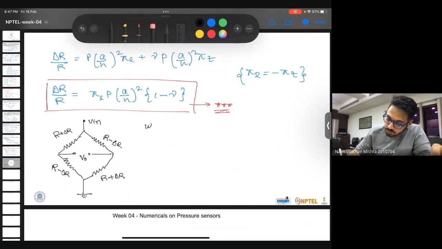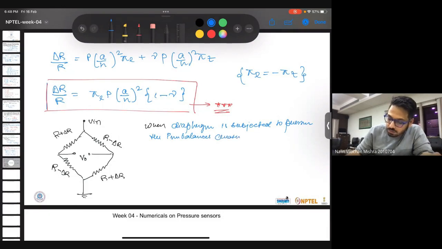Okay, so when the diaphragm is subjected to pressure, the imbalances created in the bridge result in output voltage V naught.